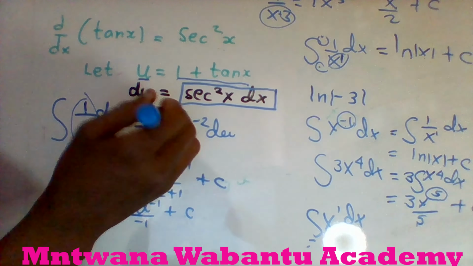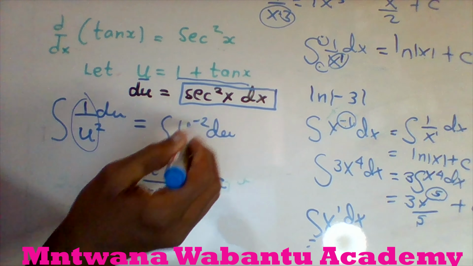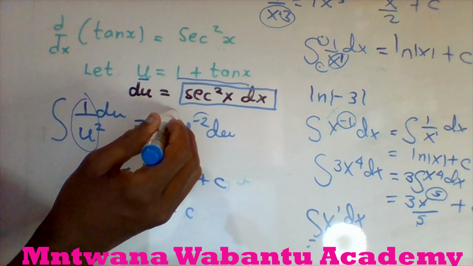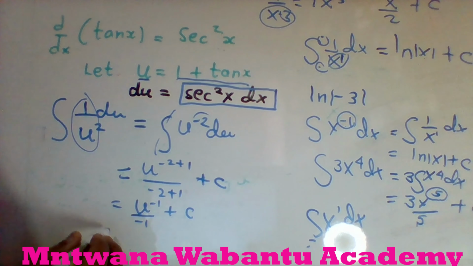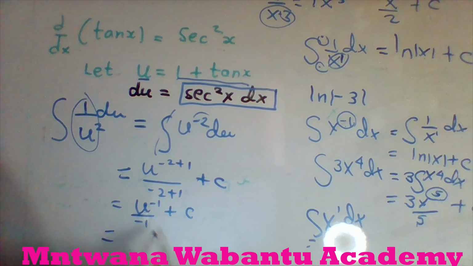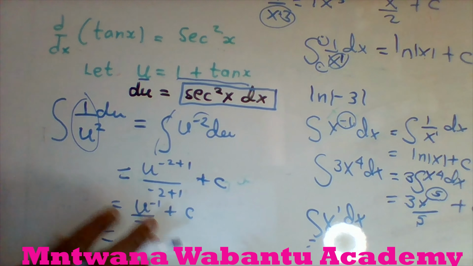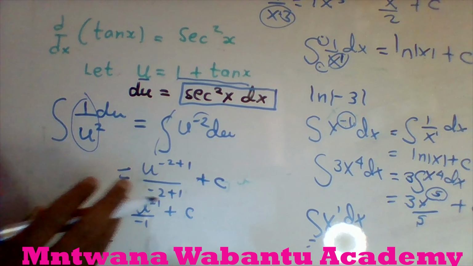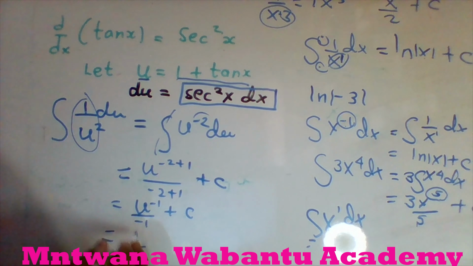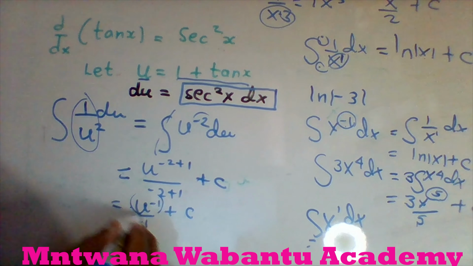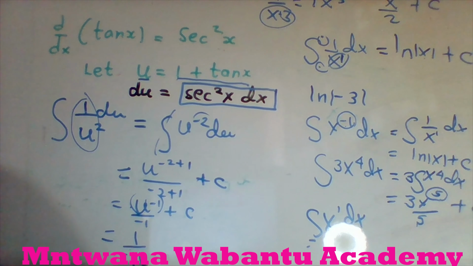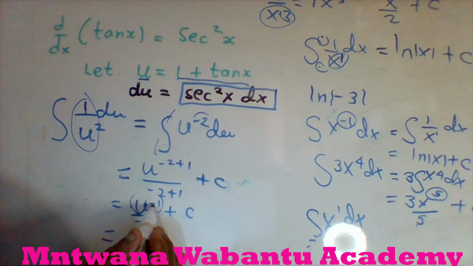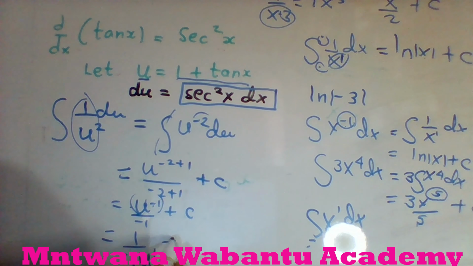When you add 1 to the power, this falls apart. To get the final answer, you reciprocate: 1 over u power negative 1, so u with the power becoming positive 1, and then plus c.